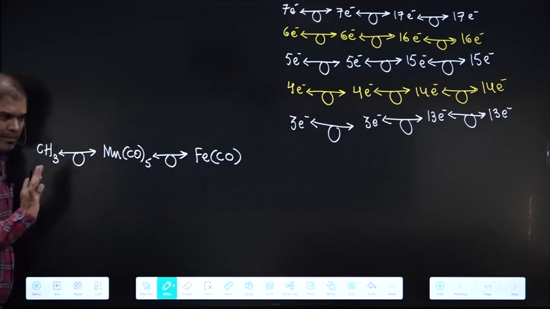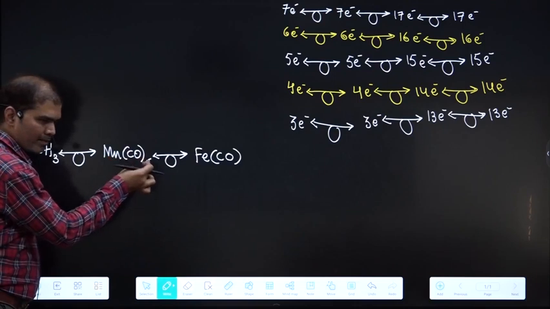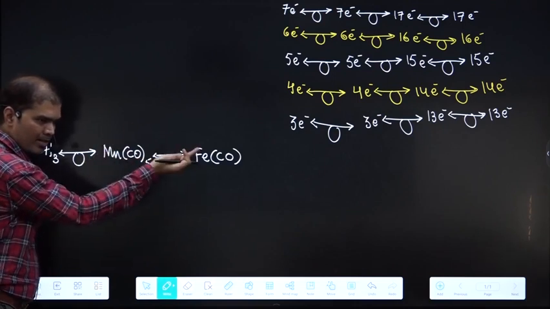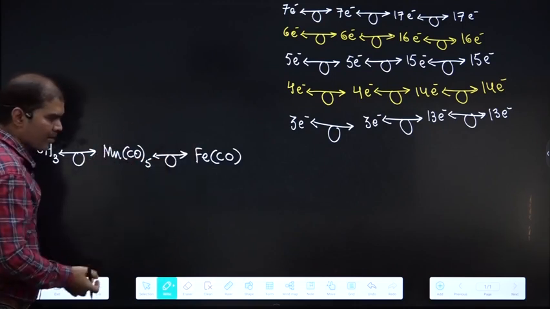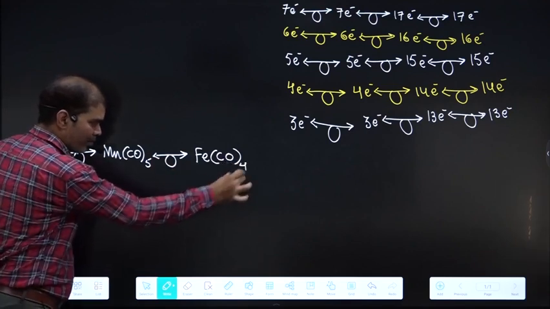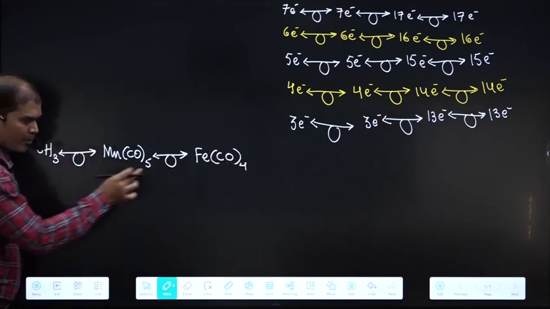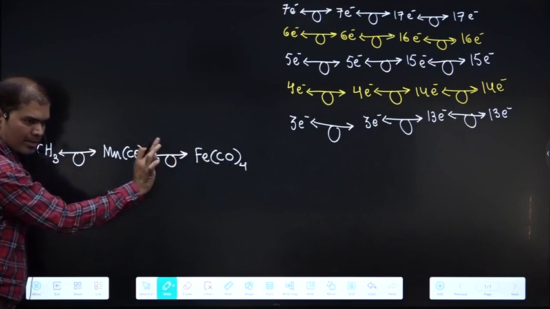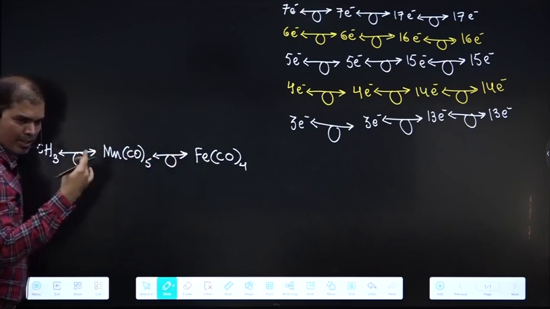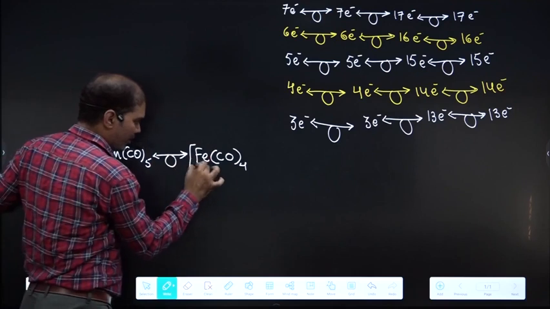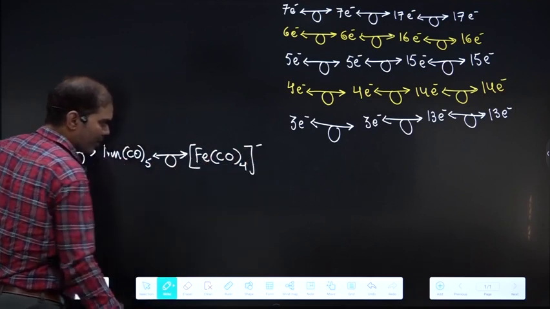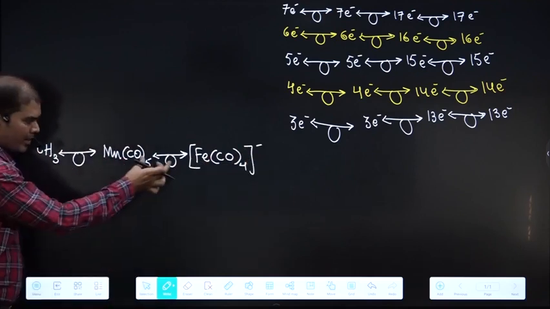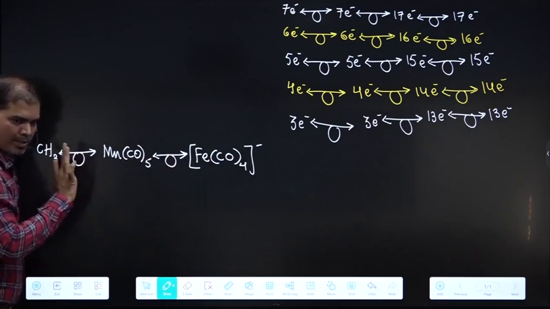Try to put it in such a way. So from manganese to iron, 1 electron has increased. So what I'll do, I'll put 4. When I put it as 4, 8 plus 8 is 16. But I should get one more electron. So to get one more electron, you can take a negative charge. Then these two fragments will also become isolobal.